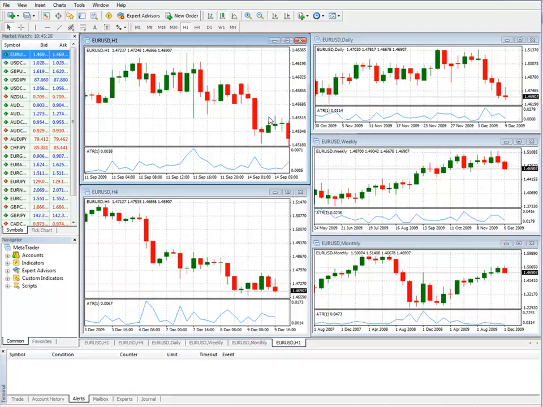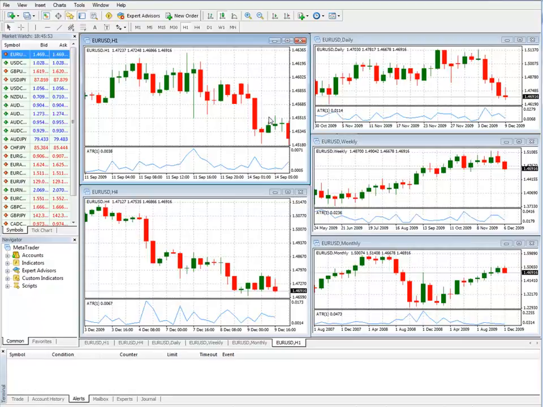And in reality, you could use something as simple as the inside bar breakout and be wildly, wildly profitable. So you have the basis right here and right now to experiment. And with a demo account, you can experiment with no financial risk to you.